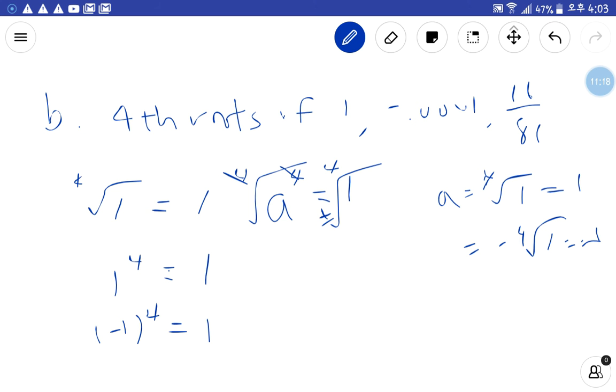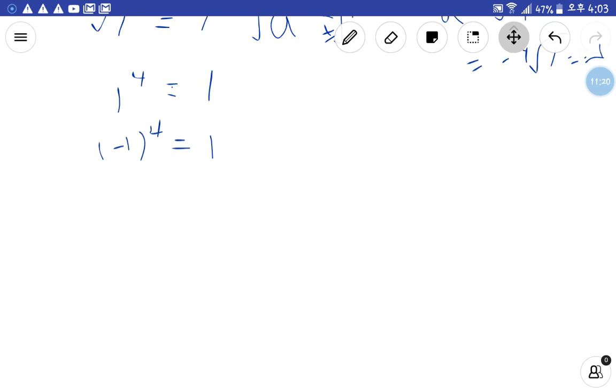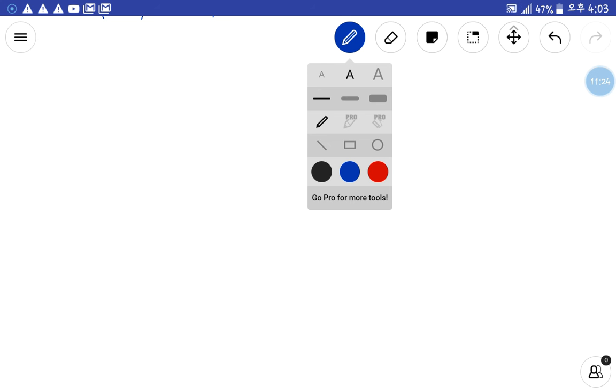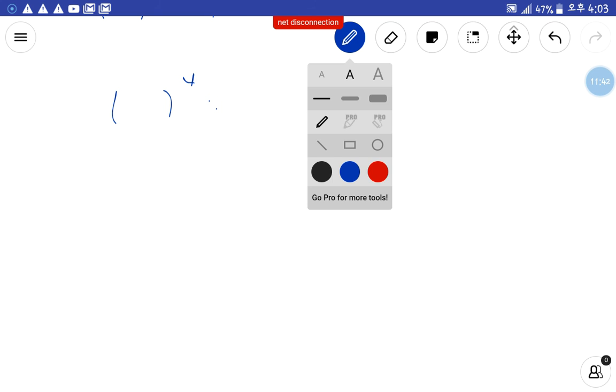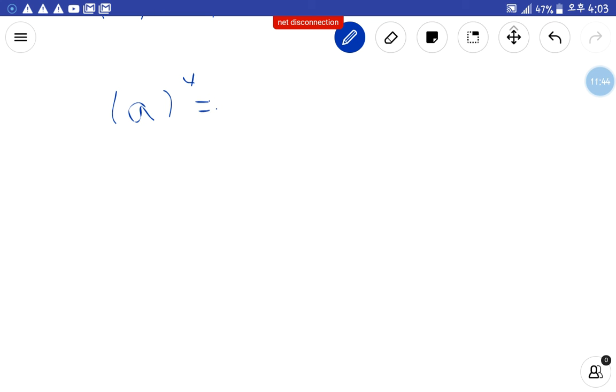What about negative 0.0001? You may think, what about 0.1? 0.1 to the fourth power is... so your goal is to find something to the fourth power that equals negative 0.0001.